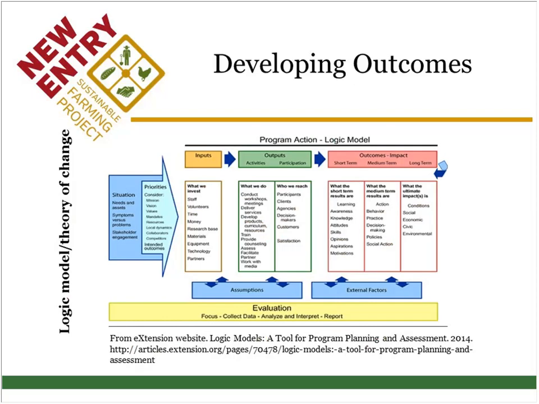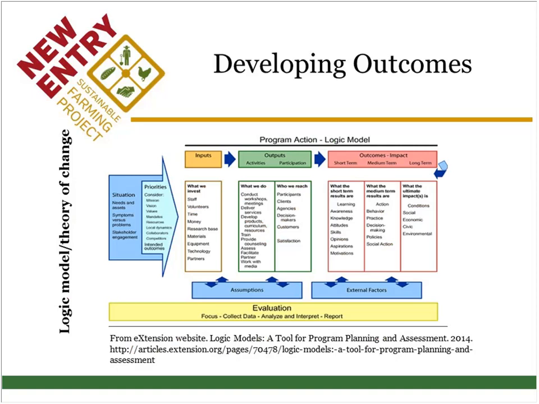Another way of developing outcomes is to use a logic model or theory of change. The logic model, which is a picture of here, helps you think through what are the inputs, what are we starting with, what are the activities we're going to do, what do we expect people to directly take out of it, and then coming up with your outcomes so it has that kind of logical flow.